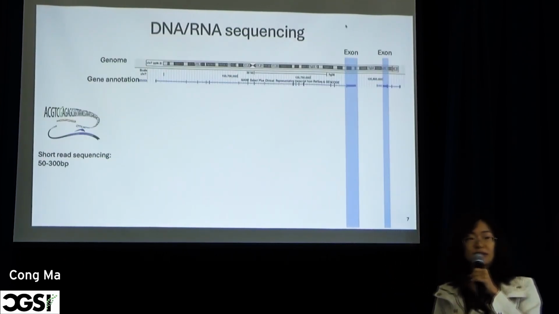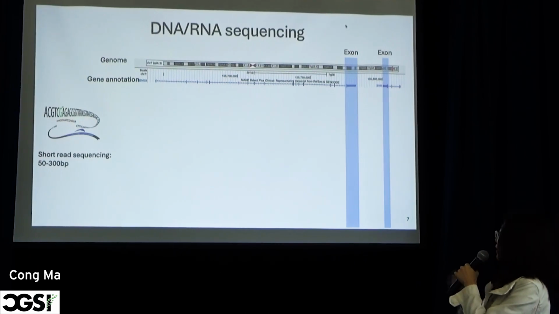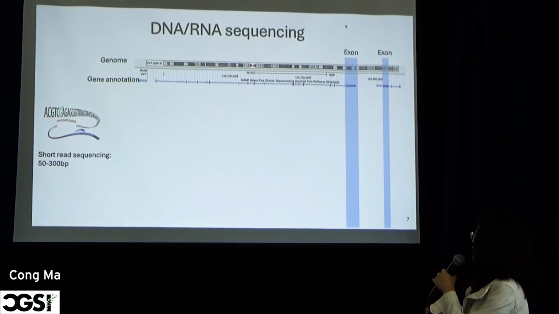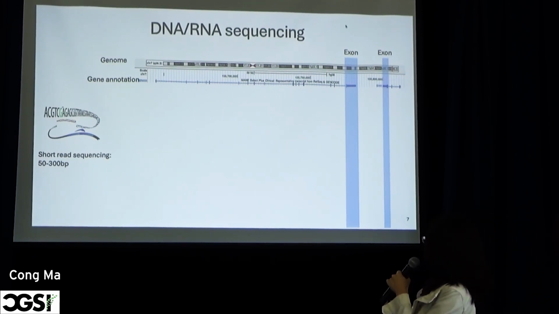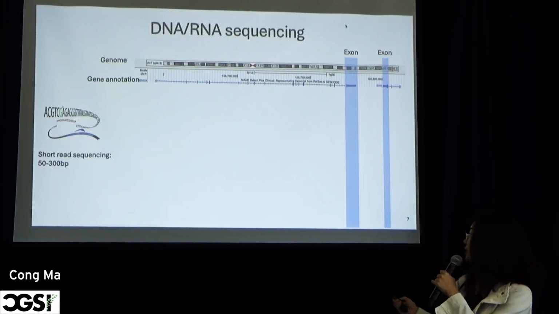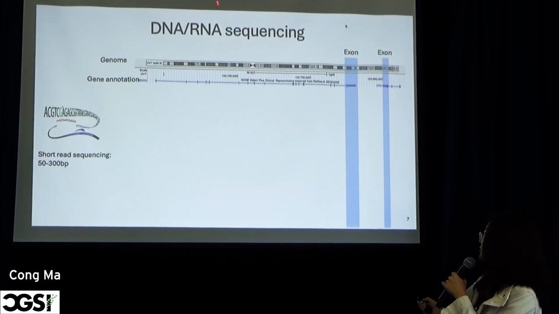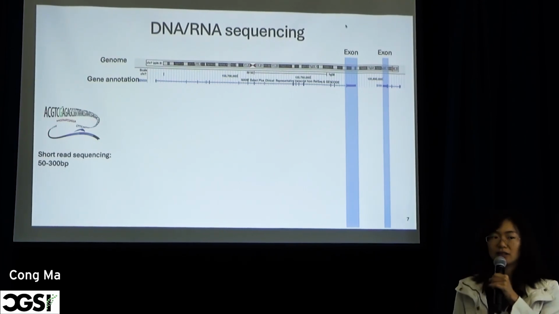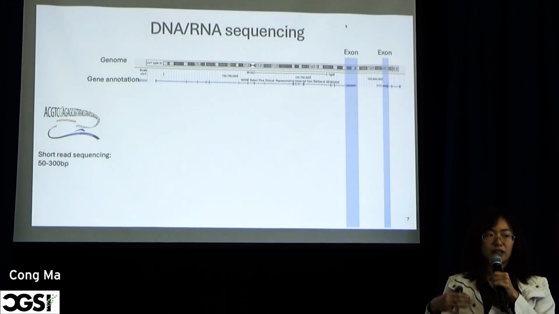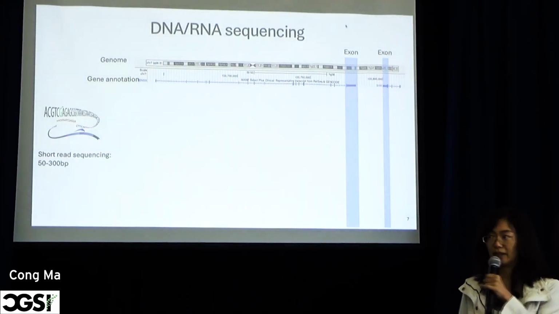And more about the data we're using. I think we heard about whole genome or DNA and RNA sequencing a lot, but I just have the slides so that we're on the same page. All the sequencing technologies allow us to read out the ACTGs on our genome, or on each of the sequencing reads.